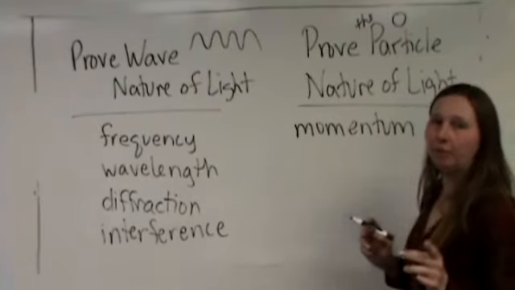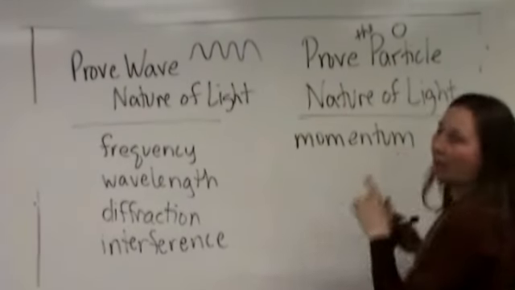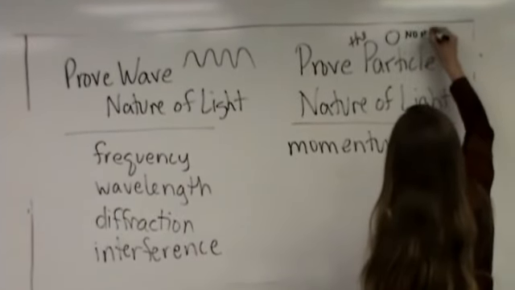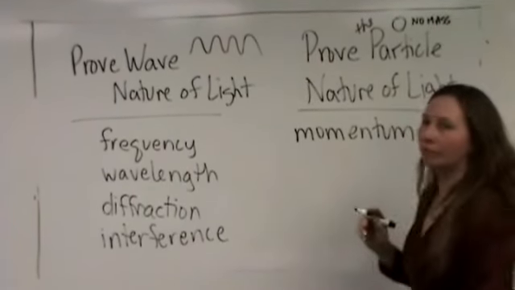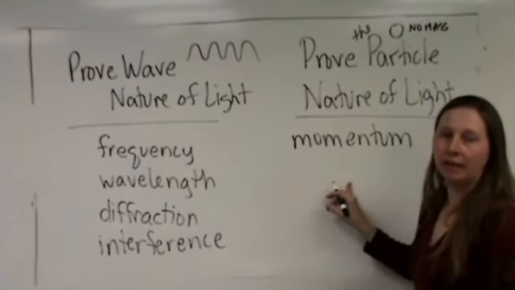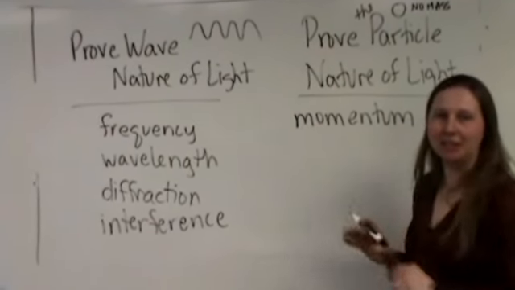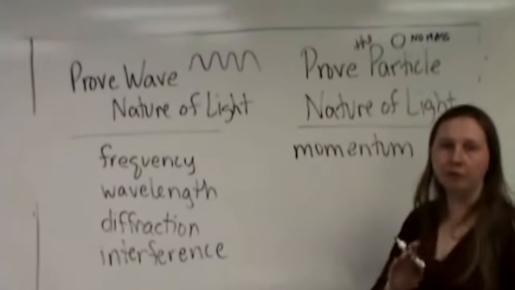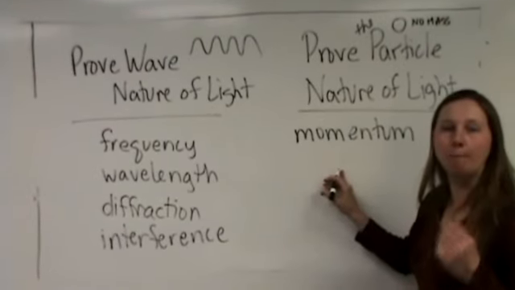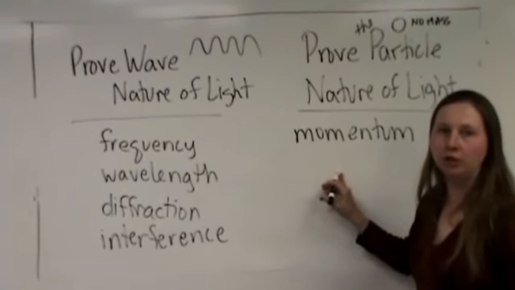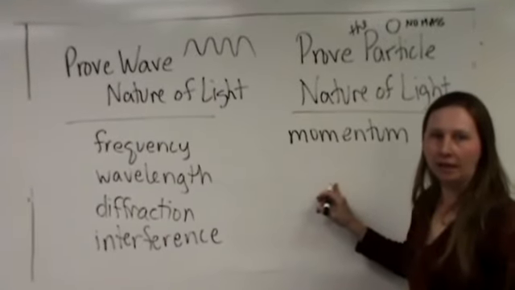I do want you to keep in mind that photons have no mass. Even though they have momentum, they have no mass. I know that's a little strange, but we're just going to leave it as it is for now. Photons have no mass, but they do have momentum, which can be transferred to another particle, like an electron.